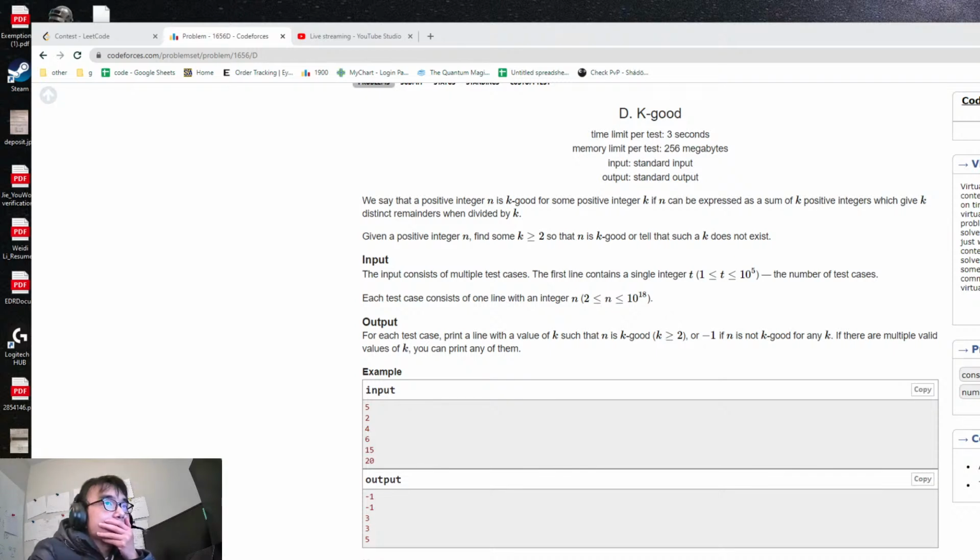This formula can be transformed into this. And this can be transformed by multiplying both sides by 2.